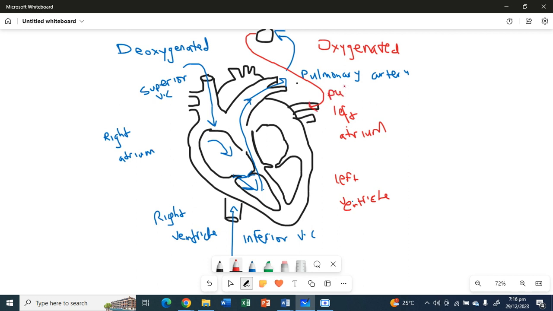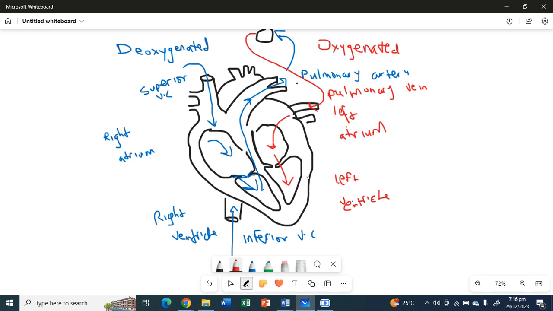The pulmonary vein is what brings the oxygenated blood from the lungs. So this oxygenated blood enters through the left atrium, then goes through the left ventricle.